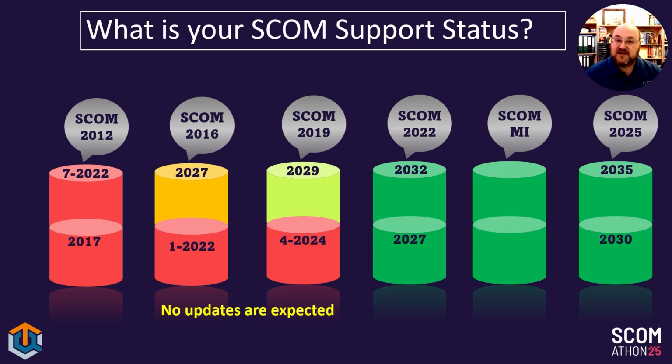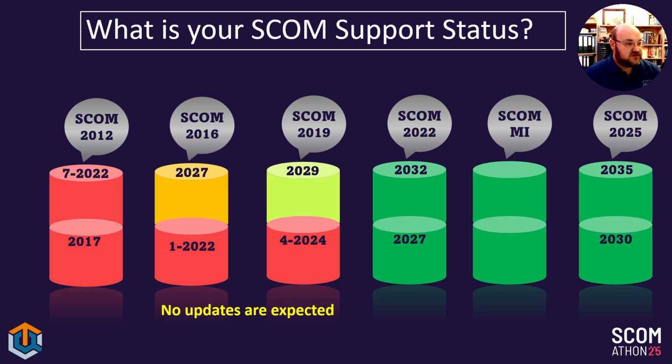SCOM 2022 is a current on-premises version, with a long life support lifecycle, and SCOM 2025 is now available since the end of 2024, showing Microsoft's continued investment in the product along with the Windows versions that System Center gets released with.